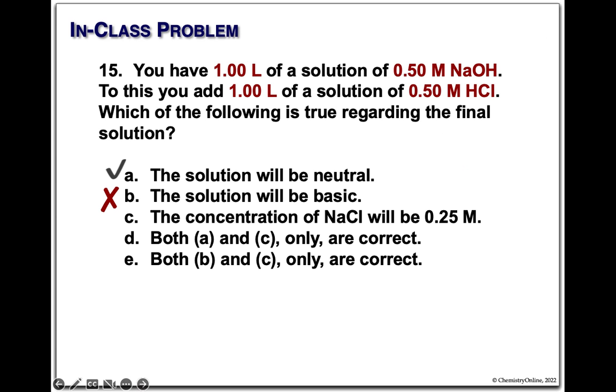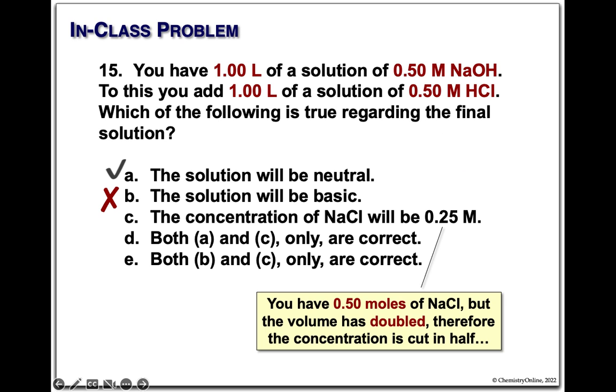If we do concentration times volume, this is half a mole, but our final volume is the sum of these two. That's 2 liters. The volume is doubled, concentration drops by half.